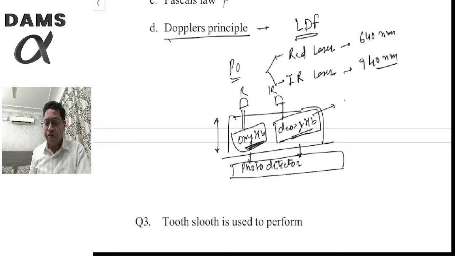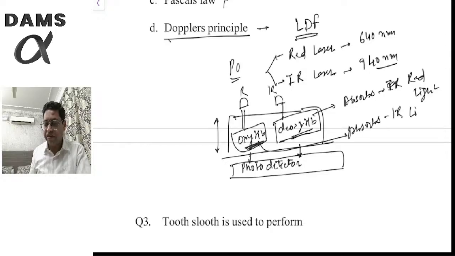Now deoxyhemoglobin absorbs red light and oxyhemoglobin absorbs more of infrared light. So depending upon how much of the red or the infrared light is coming on the opposite side, it would determine the blood oxygen saturation level, and this physical principle is called Beer-Lambert law.